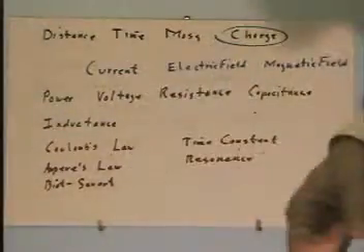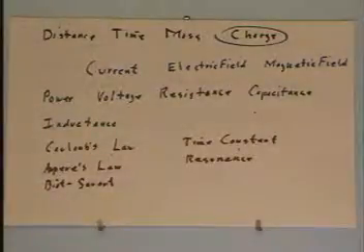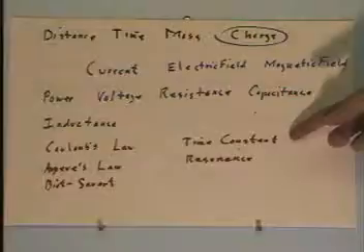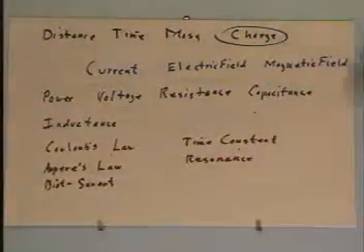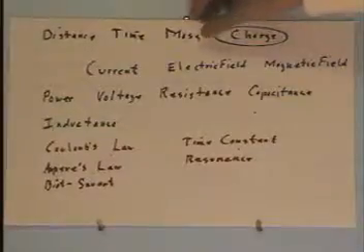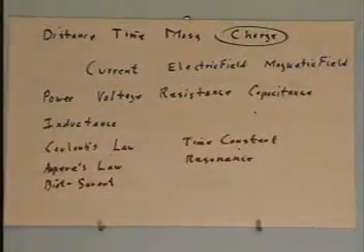Ampere's law, the law of Biot-Savart, other laws involving electricity and magnetism that tell us where magnetic fields come from, how they're set up, how they respond to electric fields, and vice versa. The idea of a time constant in an RC circuit, the idea of resonance in an RLC circuit. These are important topics. Now there are some more topics that we'll cover that we'll at least talk briefly about in the next video clip.